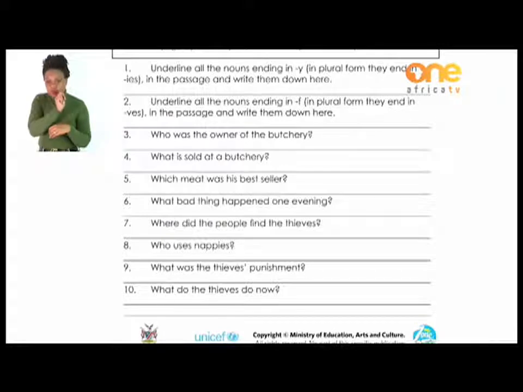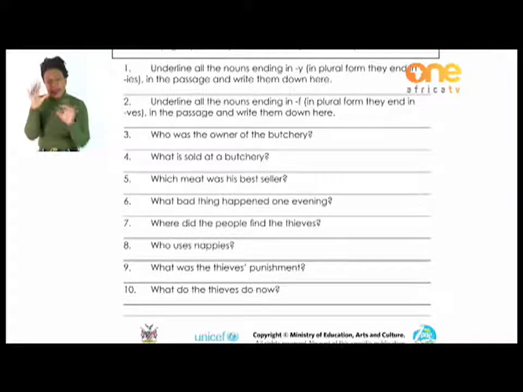Number 2 is saying, underline all the nouns ending in F. In the plural, they end in VES. Number 3, who was the owner of the butchery? What is sold at a butchery? Which meat was his best seller? What bad thing happened one evening?